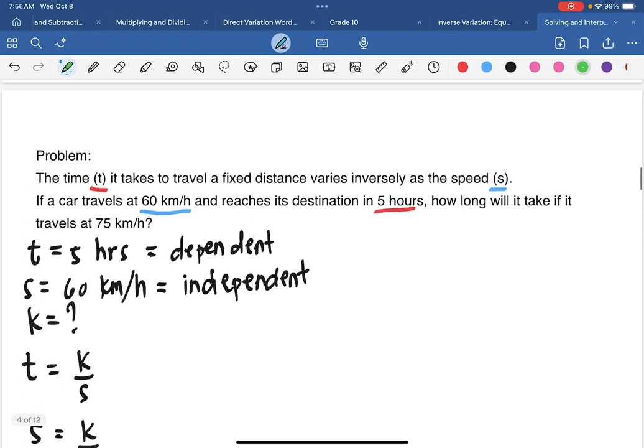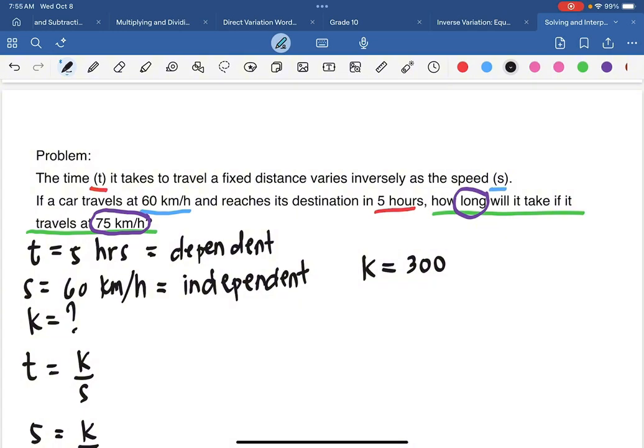Now, in the second part of our problem, we have how long will it take if it travels 75 kilometers per hour. So here, we are looking for the time. And we are given the rate of the speed, which is 75 kilometers per hour. Rewriting it here, we have k as 300.